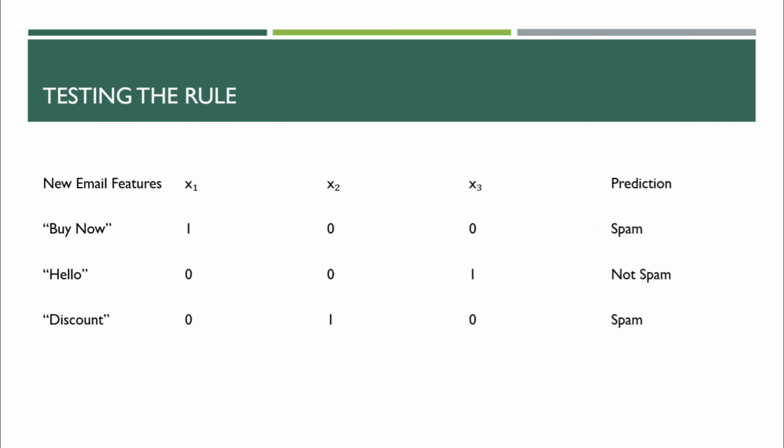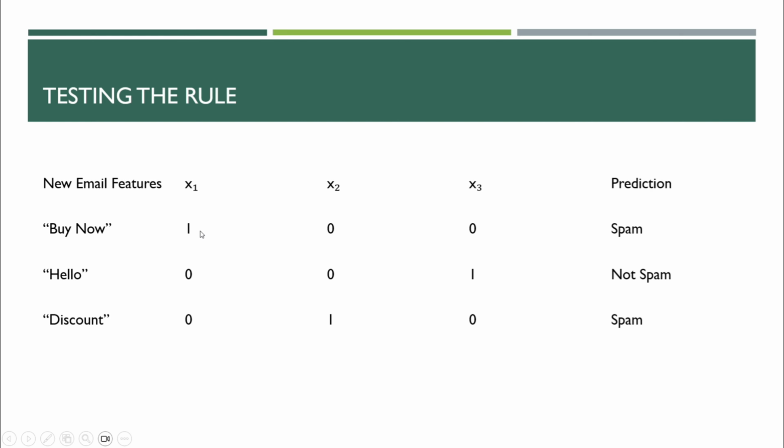The next slide is all about testing the rule we learned from the spam detecting example, testing it on new email features. For example, these are the features: buy now, hello, and discount, having x1, x2, x3, and the prediction, spam or not spam.